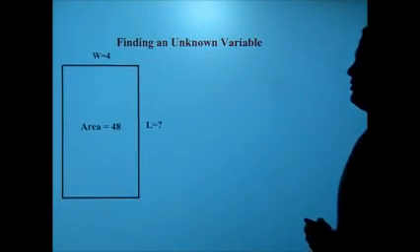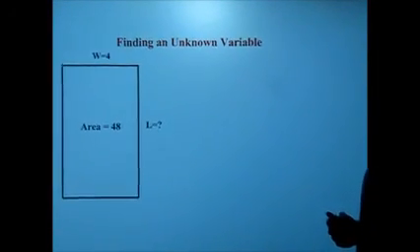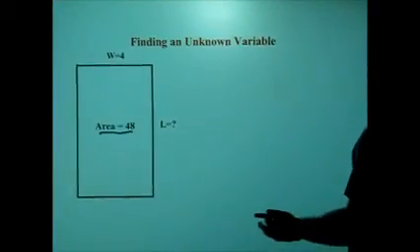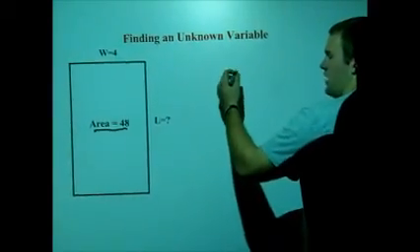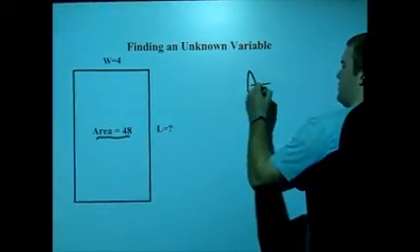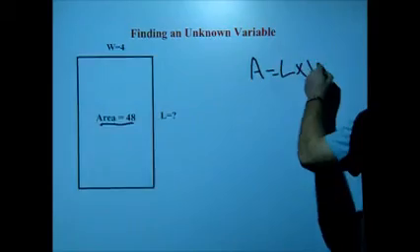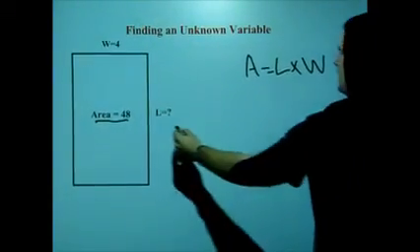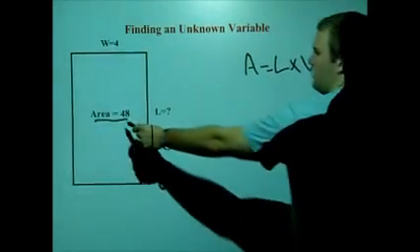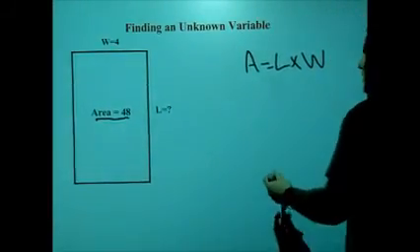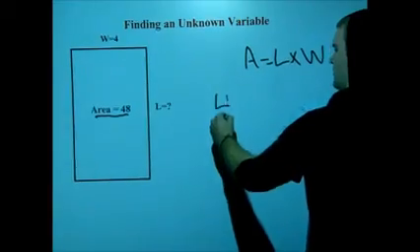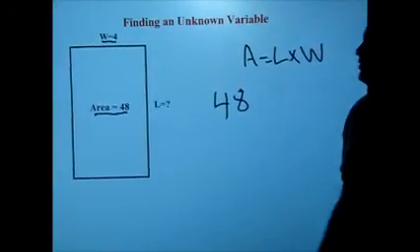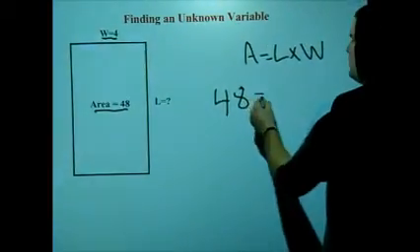For our next example, what if we do not know one of the sides, but we are given the area? We use the same equation that I gave you last slide, which was A is equal to length times width. But now, instead of plugging in the length and the width, you plug in the area, which is given. So your area is equal to 48, and your width is given at the top, which is equal to 4.